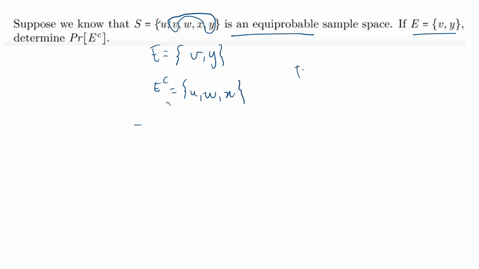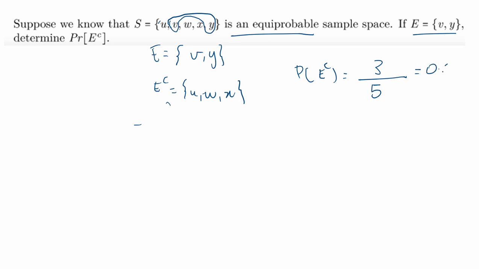Okay? All right, so what's the probability of having U or W or X? Well, it's an equiprobable sample space. What's the number of outcomes of my interest? 3. U, W, or X. Amongst how many possible? 5, right?